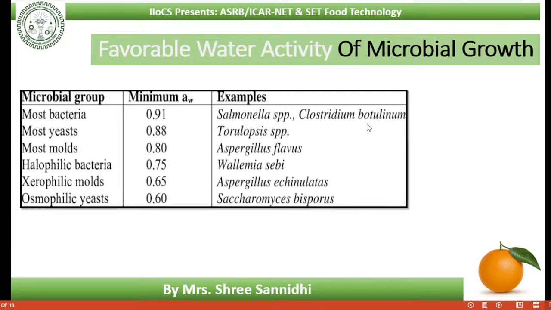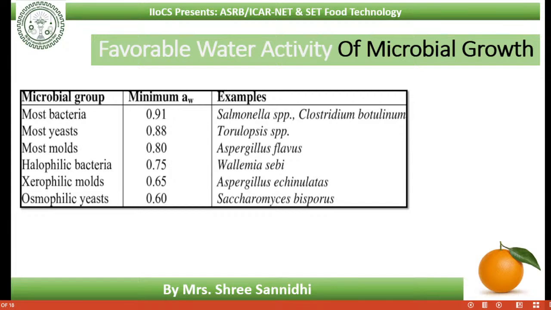Then for most yeasts, the favorable water activity is 0.88. So example, Torulopsis species. And for most molds, the favorable water activity is 0.8, and the microorganism example is Aspergillus flavus.